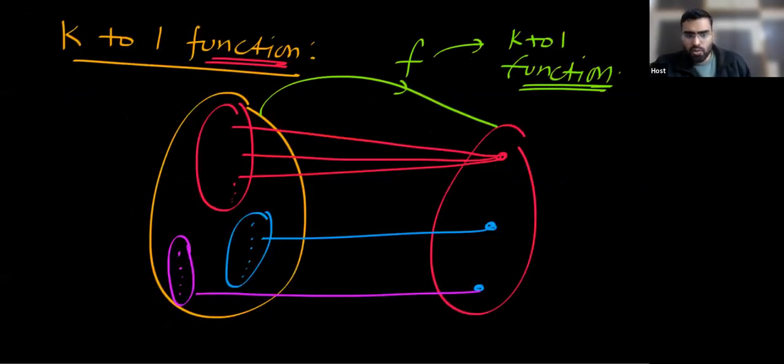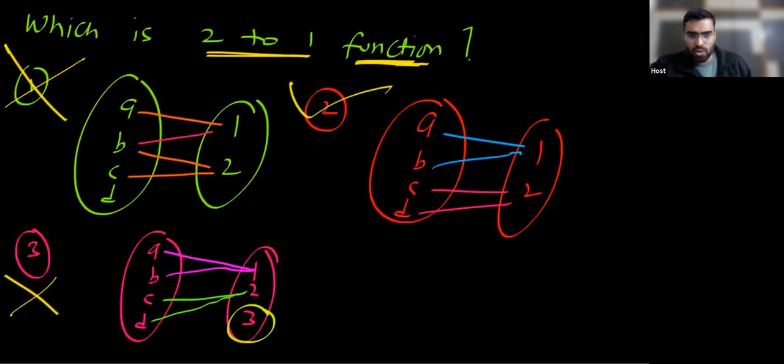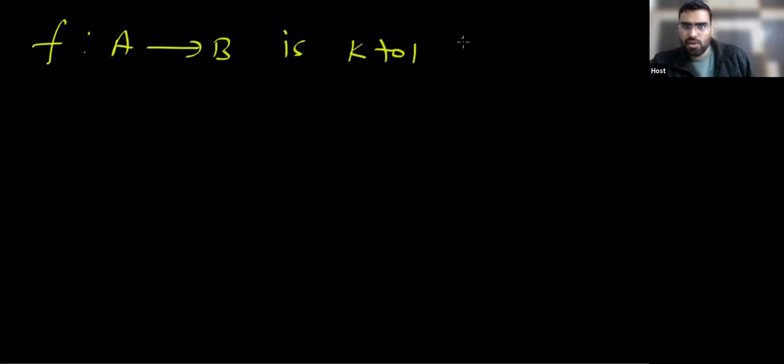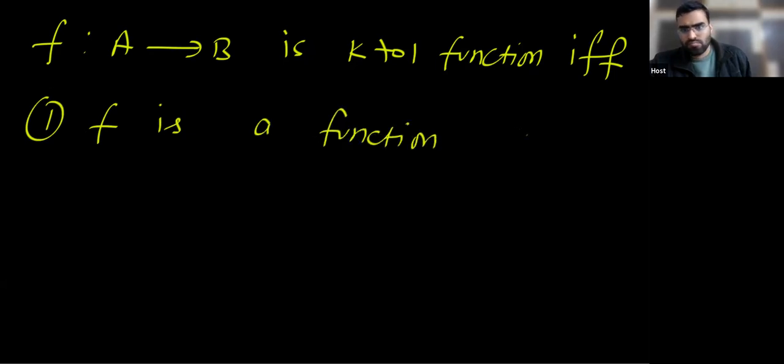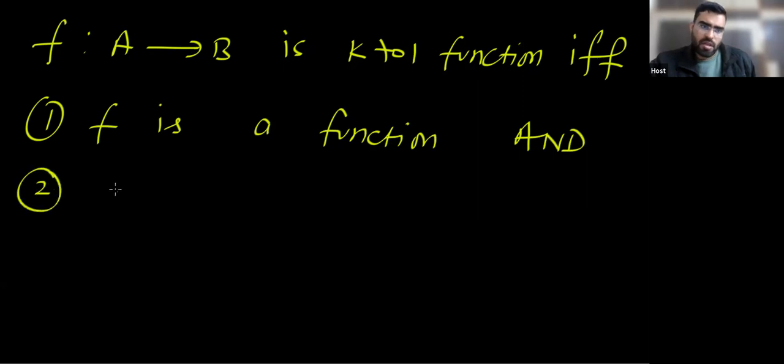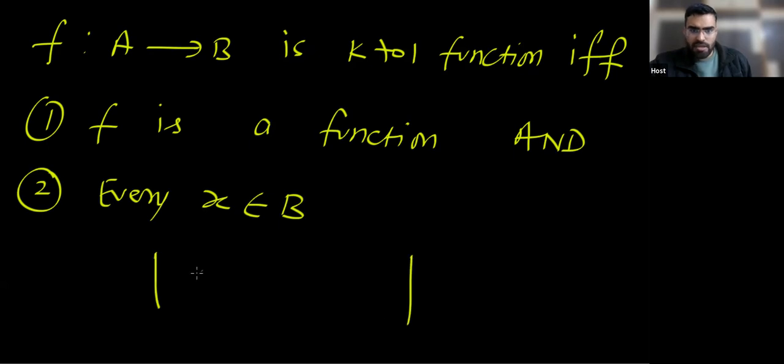Remember, k to 1 function means every element must have k pre-images. Basically I can say f from A to B is a k to 1 function if and only if f is a function, and for every x belonging to B, the cardinality of the pre-image of x must be k.